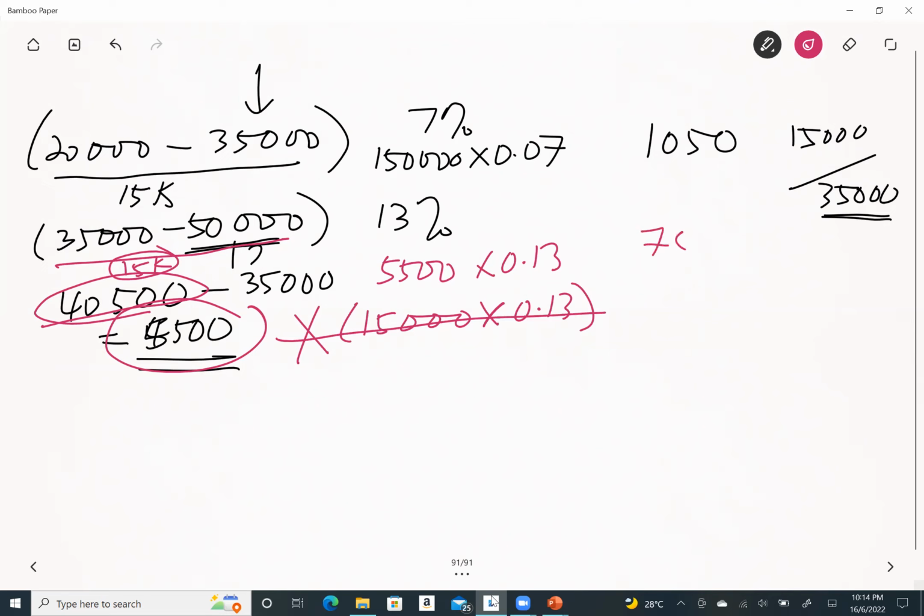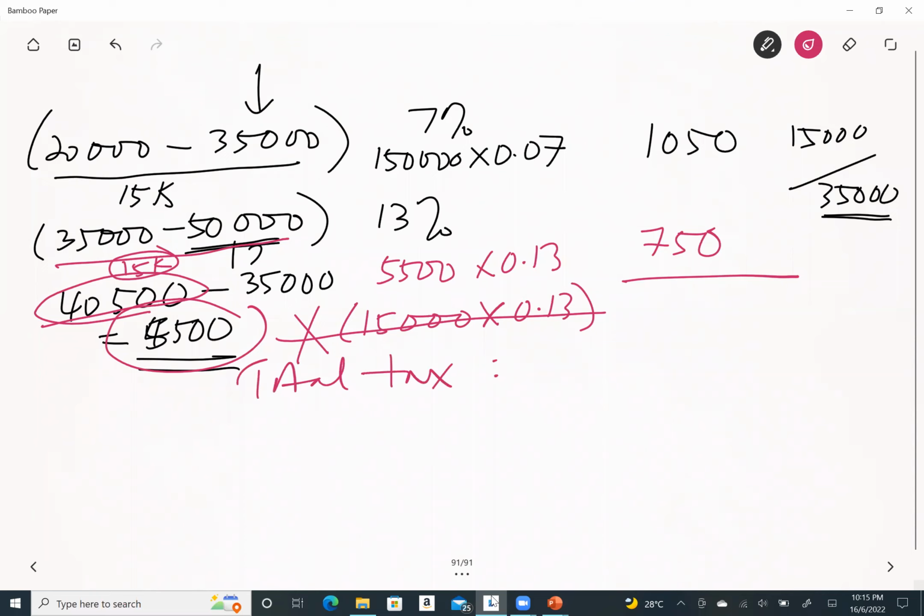715. So you sum up all the tax according to the bracket. That will be the total tax. This is the amount that we have to pay the government. All right.